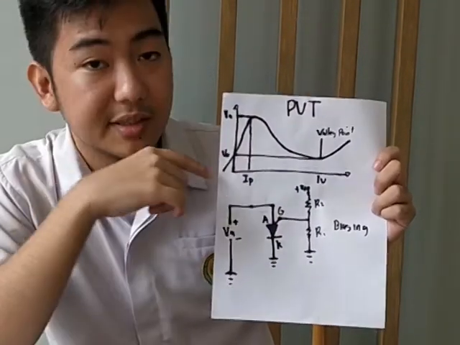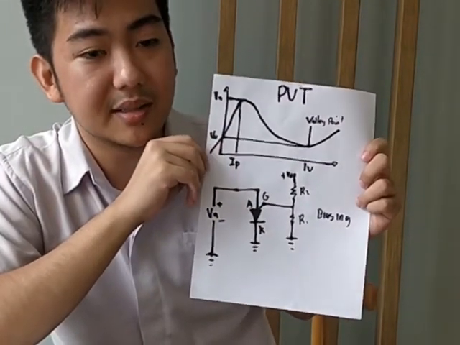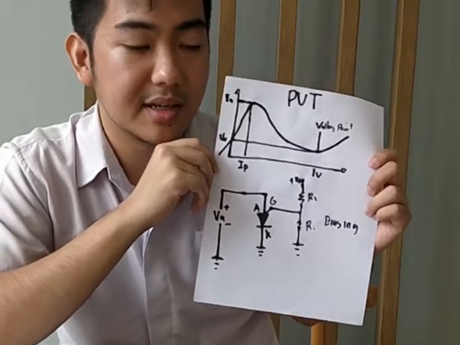As you increase the voltage of the anode until it reaches the voltage peak, the current also increases.